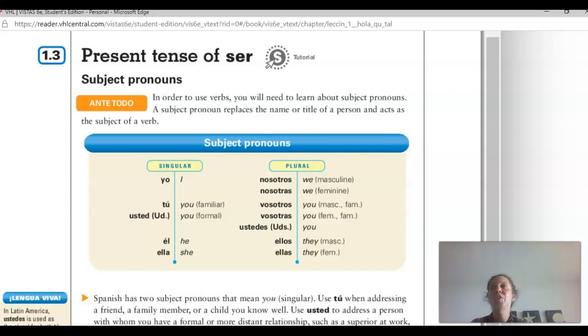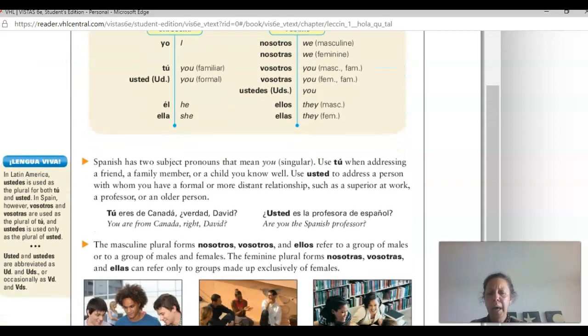In English, you're going to say, I am 20 years old. Yes, I wish. But in Spanish, we are not going to use the verb ser to express our age. I'm going to save that for later. Bien.